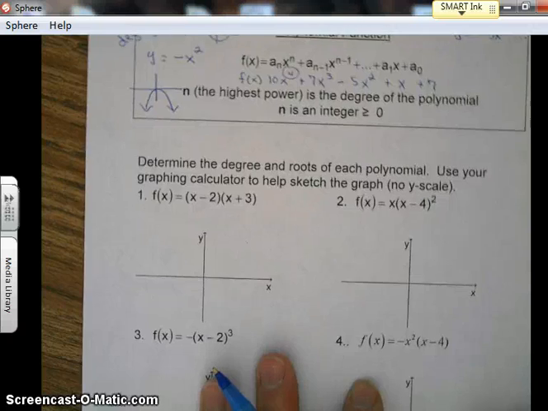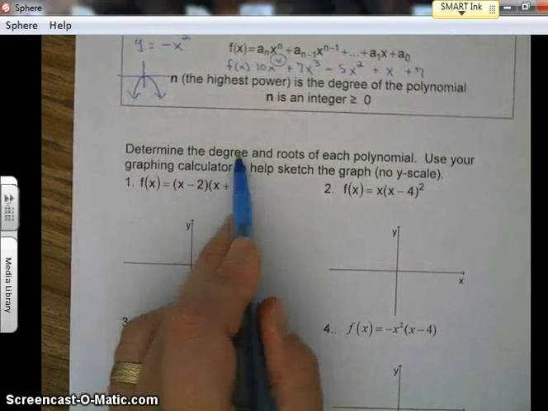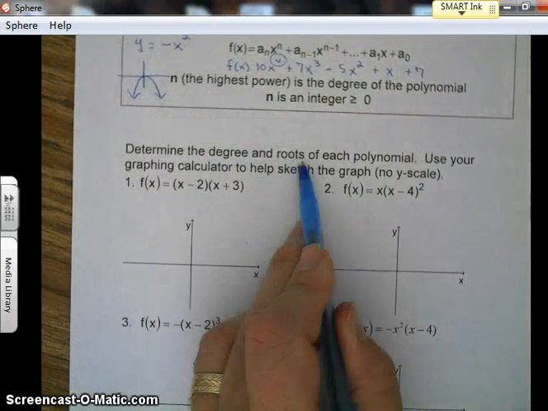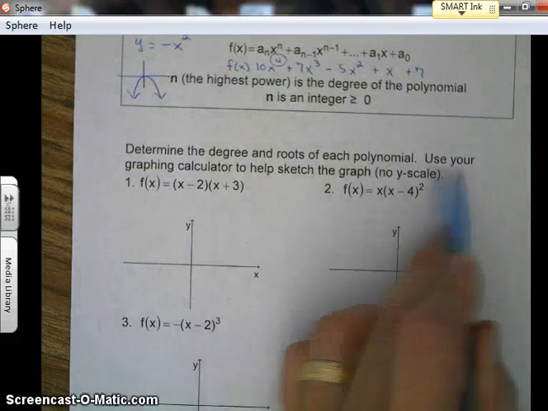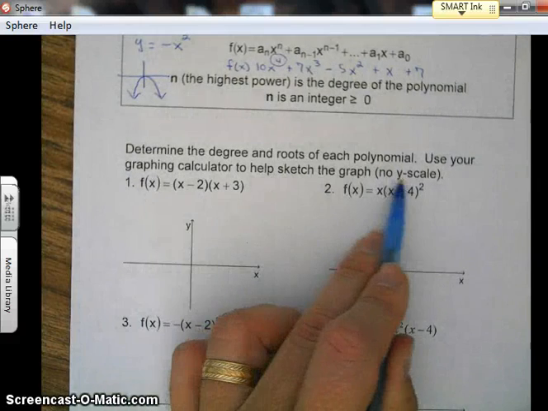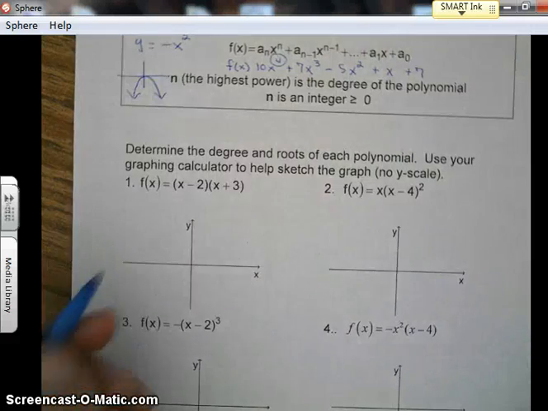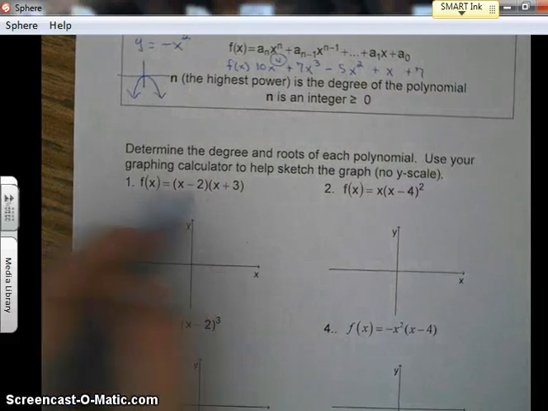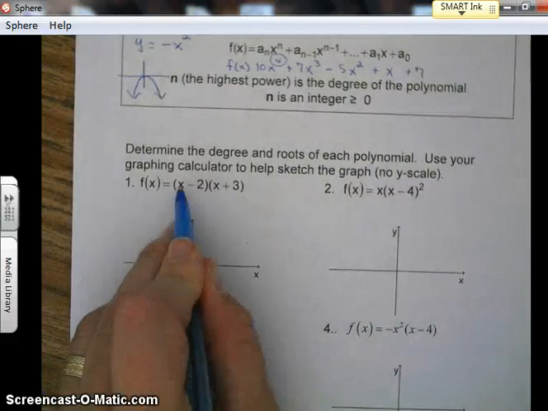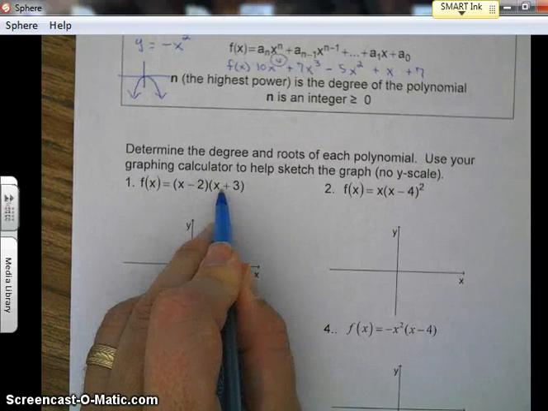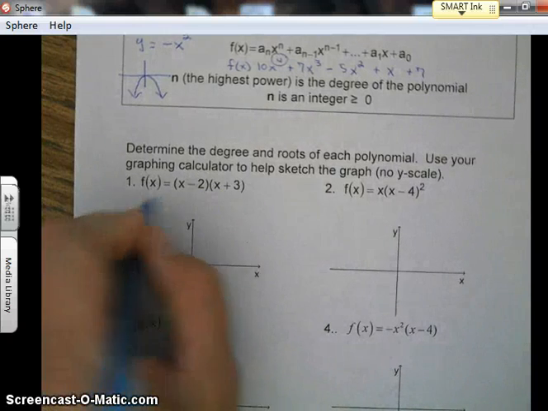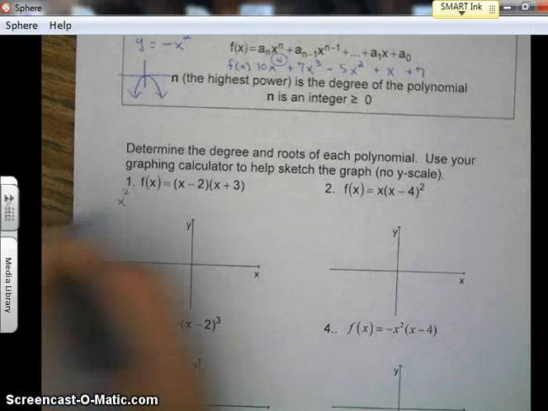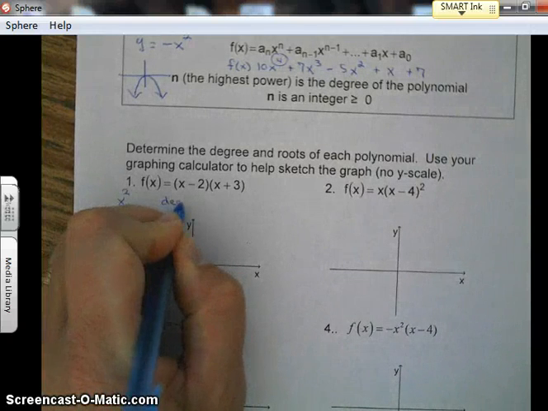All right, let's look at some problems. It says determine the degree and roots of each polynomial. Use your graphing calculator to help you sketch the graph. No y-scale. Okay, so for number 1, x times x is x squared. So the degree of this polynomial is going to be 2.